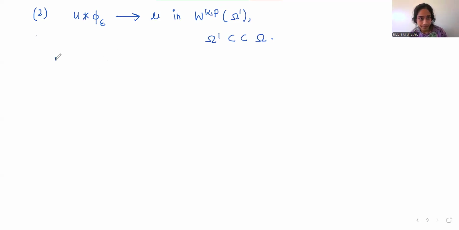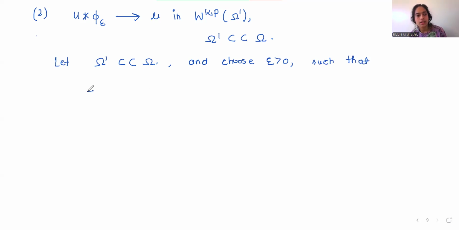So let omega prime be compactly contained in omega, and I want to find the convergence of this sequence on this set. So what I will do, I will choose epsilon positive such that this omega prime is compactly contained in omega epsilon.